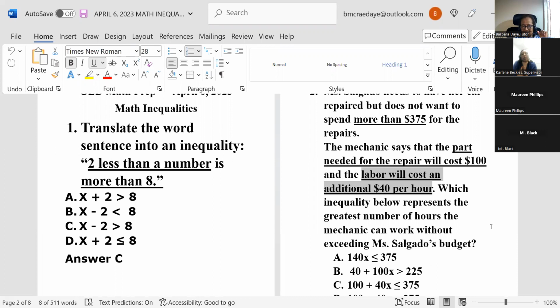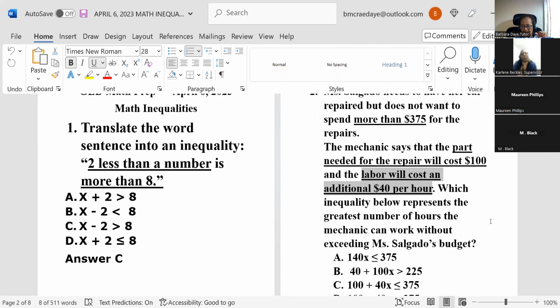Which inequality represents the greatest number of hours? Now what other costs? You just said the labor. There's another cost. What is the other cost? Yeah, additional $40. But what's the other cost? What is $100 for?